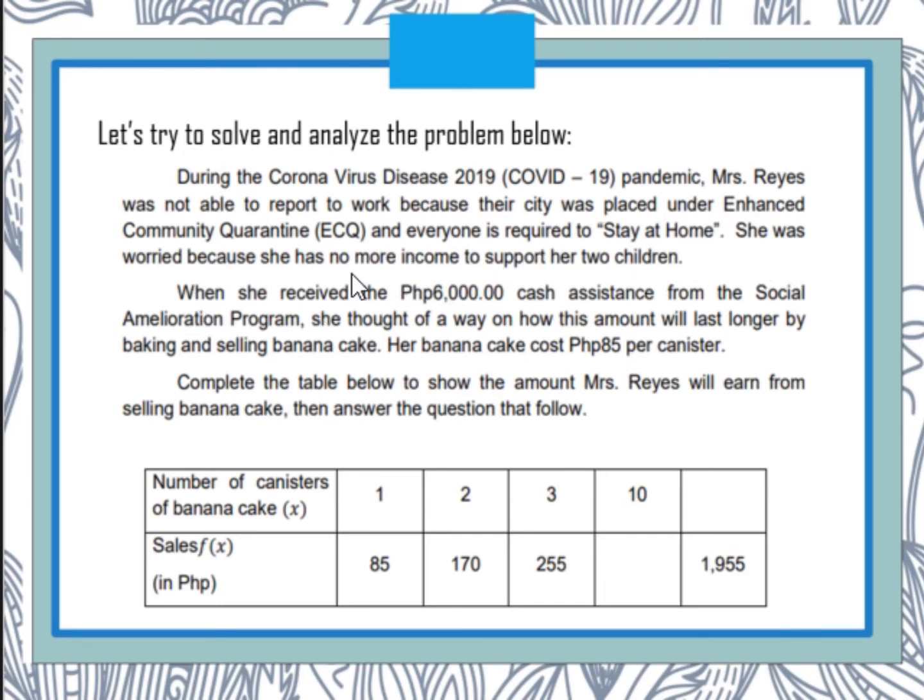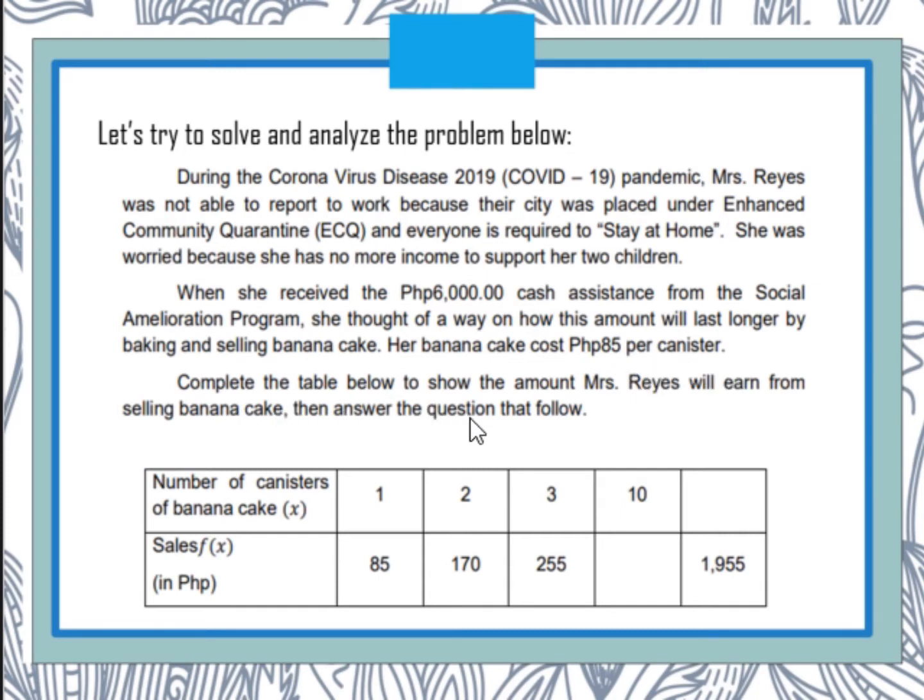She was worried because she has no more income to support her two children. When she received the 6,000 cash assistance from the Social Amelioration Program, she thought of a way on how this amount will last longer by baking and selling banana cake. Her banana cake costs 85 pesos per canister.